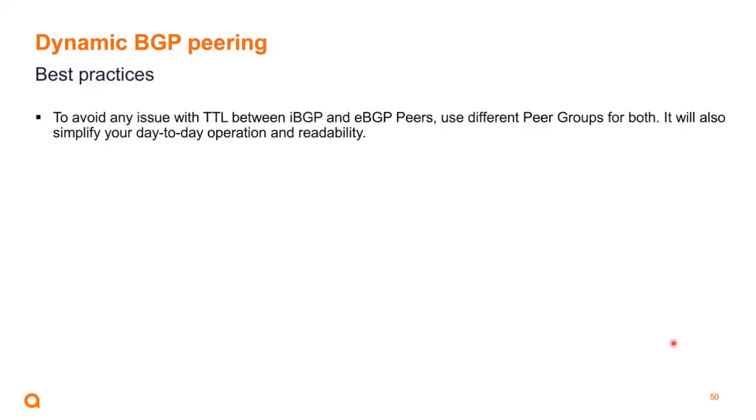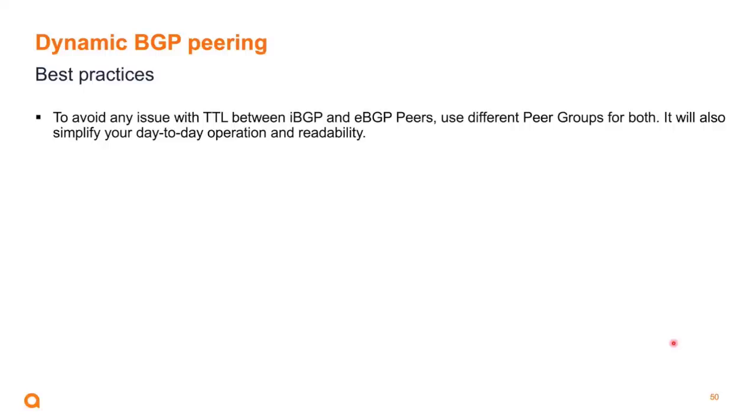To avoid any issue regarding TTL between iBGP and eBGP peers, it is also an important point to use different peer groups for iBGP and eBGP peers. Okay, so this is just for operation.